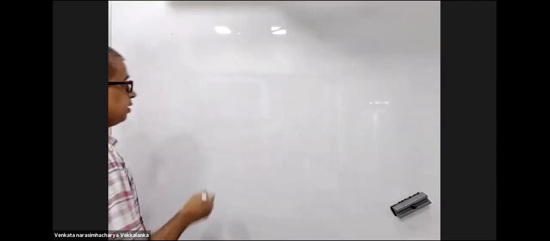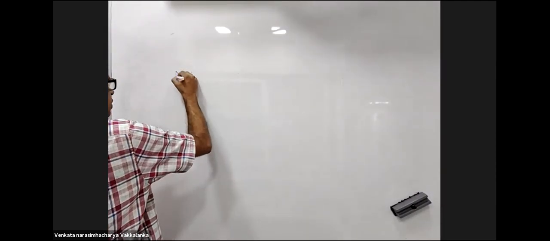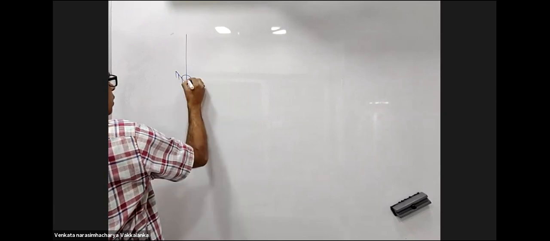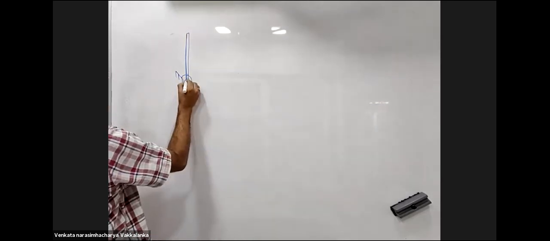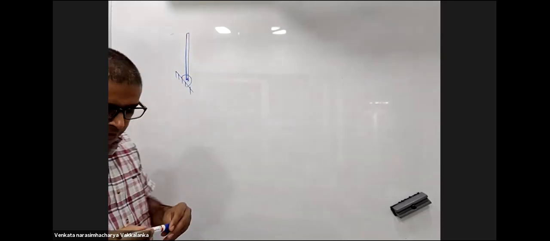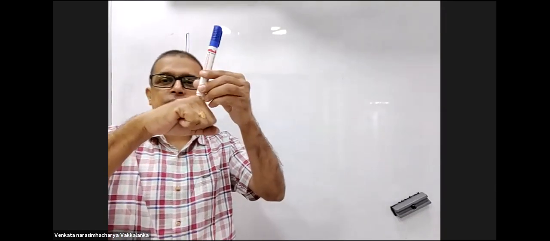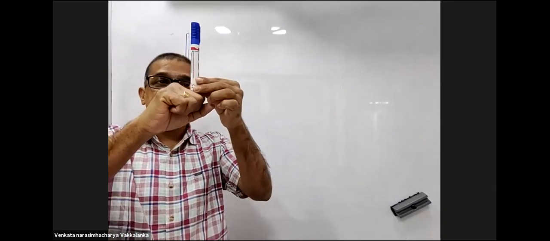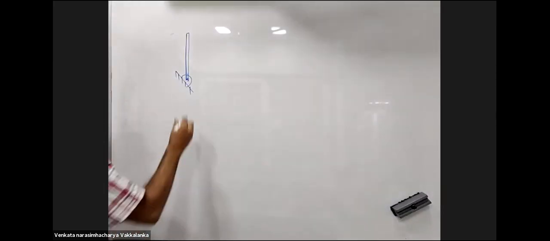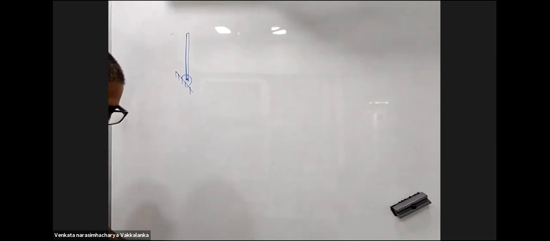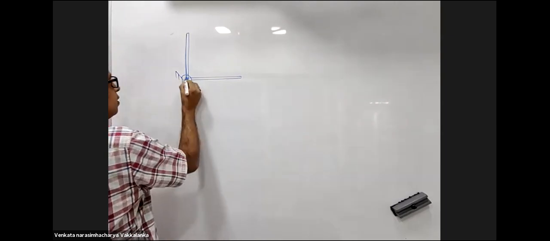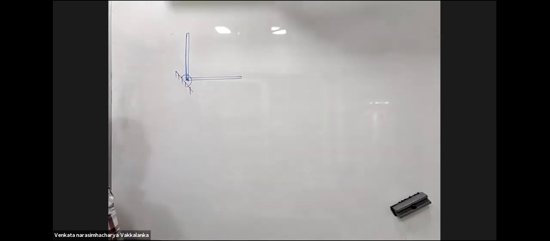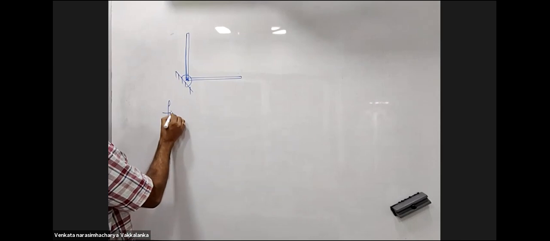No, listen. There is a thin rod kept this way, hinged to this point. The thin rod is hinged this way and released from the vertical position. As it falls to the horizontal position, they are asking you the value of the normal force at the hinge.